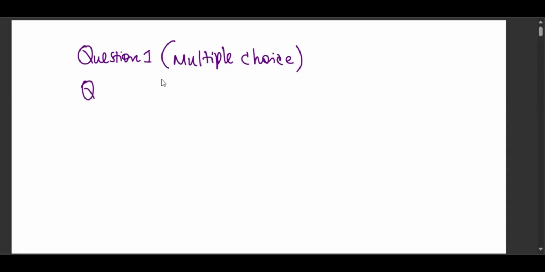Then when you look at question 2, we shall expect to look at what we call whole numbers. We shall look at whole numbers and integers.